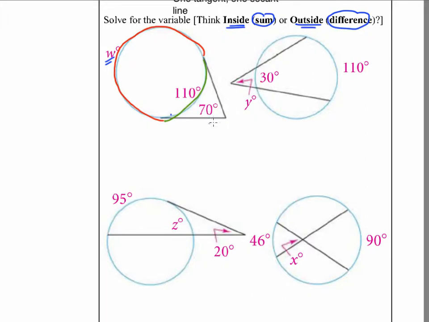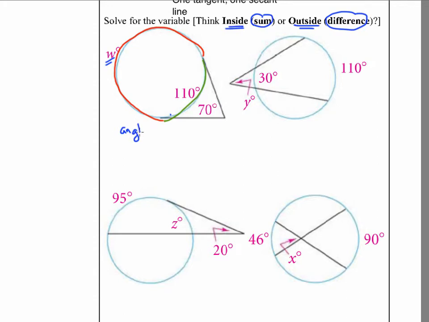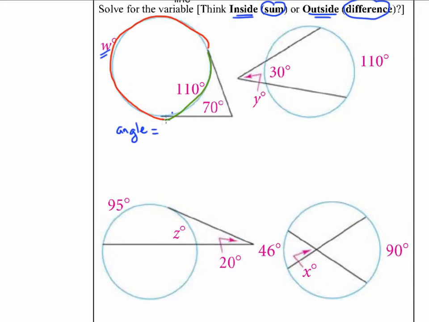Okay, so let's use this angle here. The angle in this case is 70, so the angle equals half, and then you have to ask yourself, is it the sum or the difference? Well, you look at the angle. Is it inside or is it outside? It's outside, so it's going to be half of the difference.